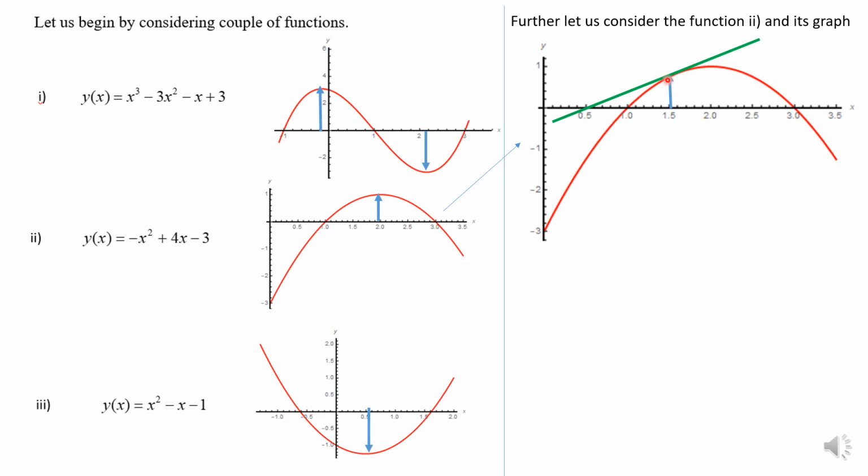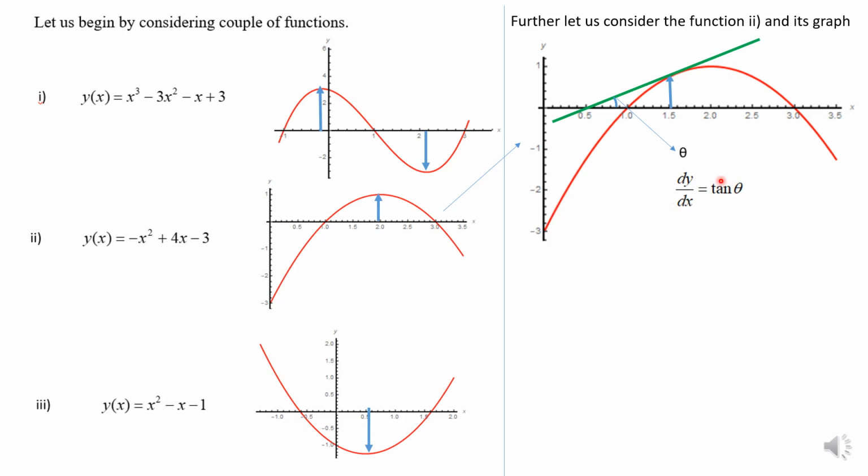Next, let us consider the angle made by the tangent like this. Let the angle made by the tangent and the x-axis be theta. So there is a tangent at this point, and the angle this line makes with the x-axis is theta. Then what is dy/dx? Differentiation dy/dx is tan of this theta.